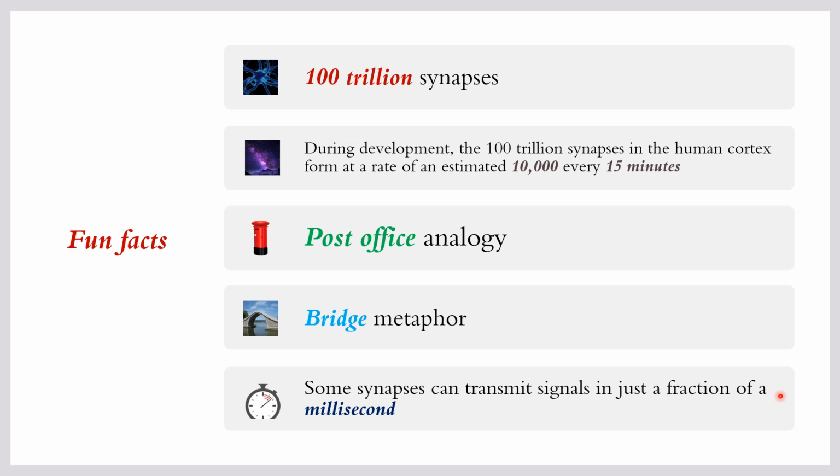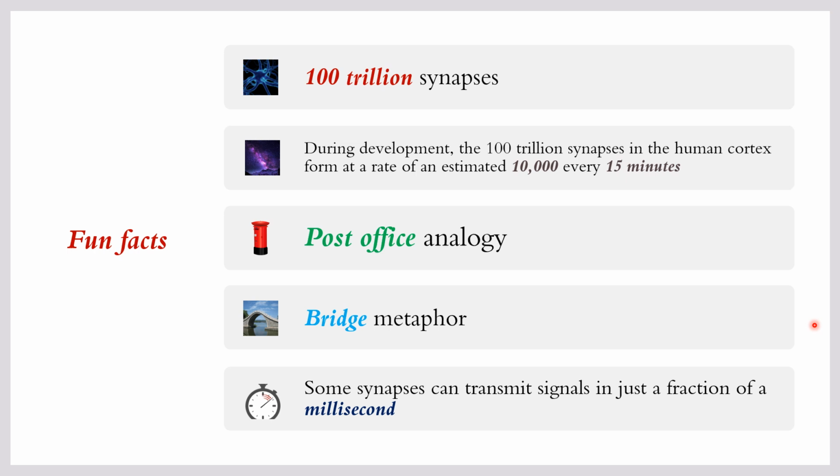We can also discuss synapses in terms of communication networks, just like how computers send data through networks, our brain also sends signals through our synapses. We can also compare the synapse with a bridge. The neurotransmitter is like a car that crosses the bridge.